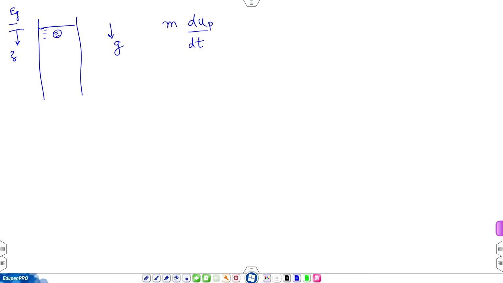This mass times acceleration, we are doing an analysis of the particle now, will be equal to the forces acting on it. Minus rho f g times volume, which is buoyancy, and then it will also be resisted by the fluid force acting on it.